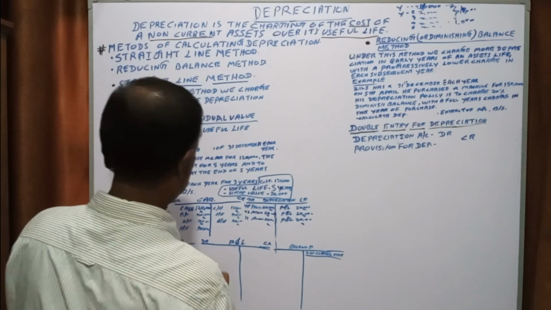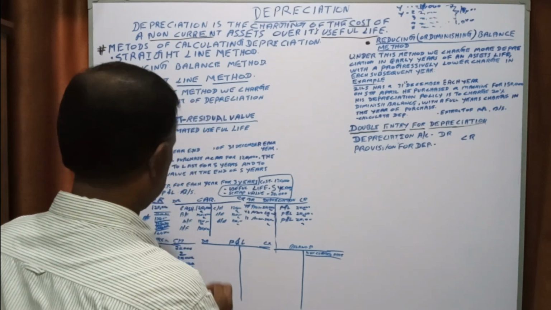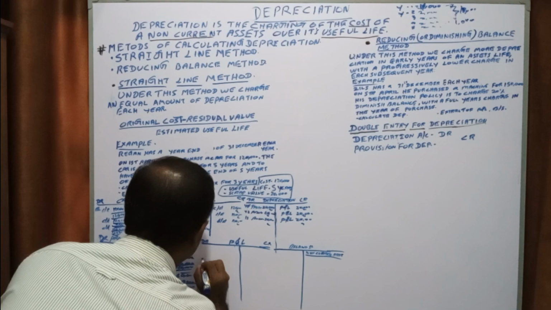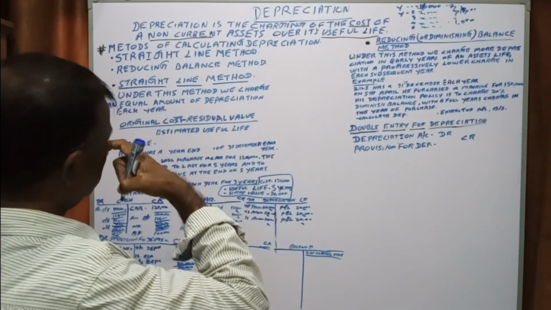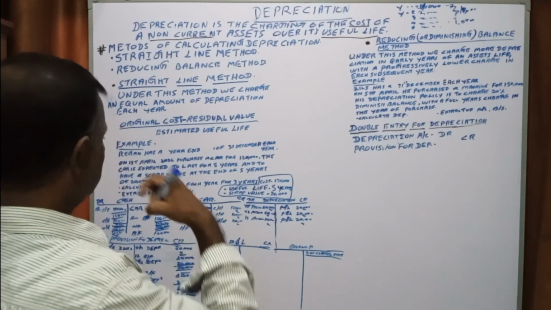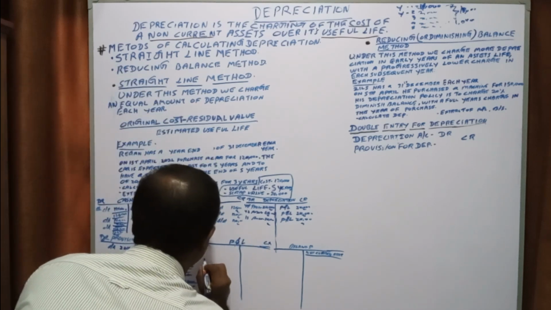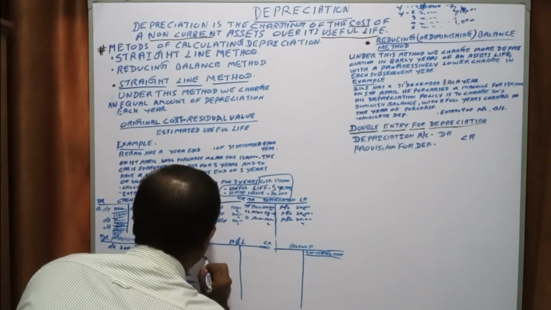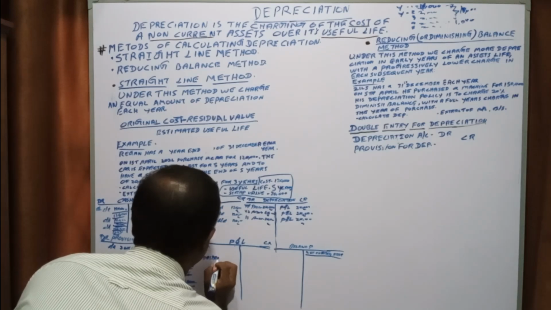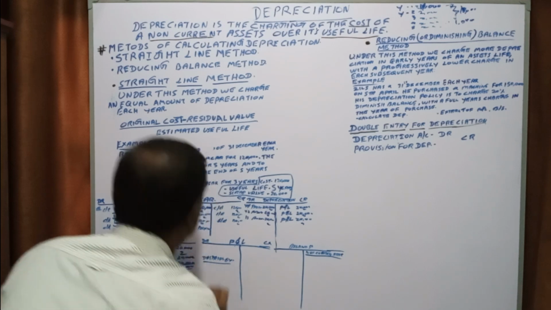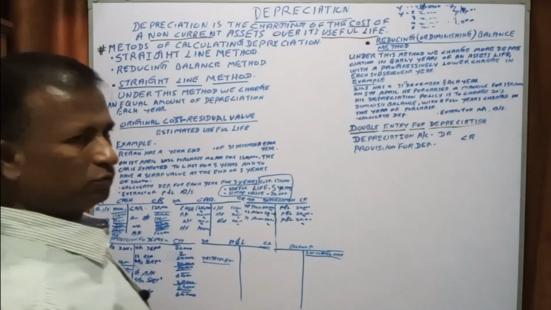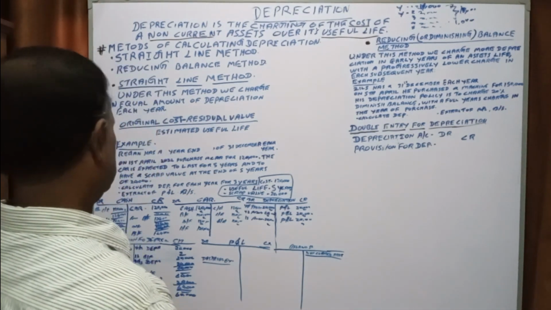Here expenses, admin expenses, and the car we will put into sales and distribution expense. We assume that the particular car is used for sales and distribution.